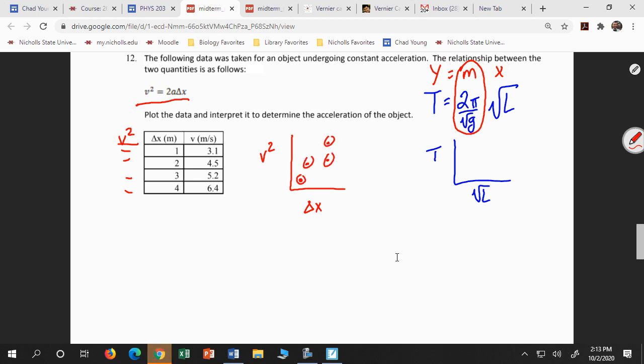I'm going to give you a sheet of graph paper, and I'll expect to see the plot on the graph paper. You draw a best fit line, you find the slope of that best fit line, and then your slope is equal to, in this case, the coefficient, which is 2a, and you solve for that acceleration, slope divided by 2.